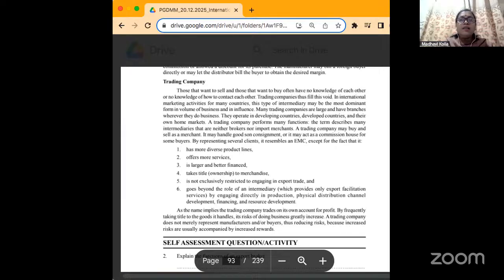And there is also another thing that happens here. It resembles an AMC in the sense that it represents several companies, except for the fact that it has more diverse product lines as well.